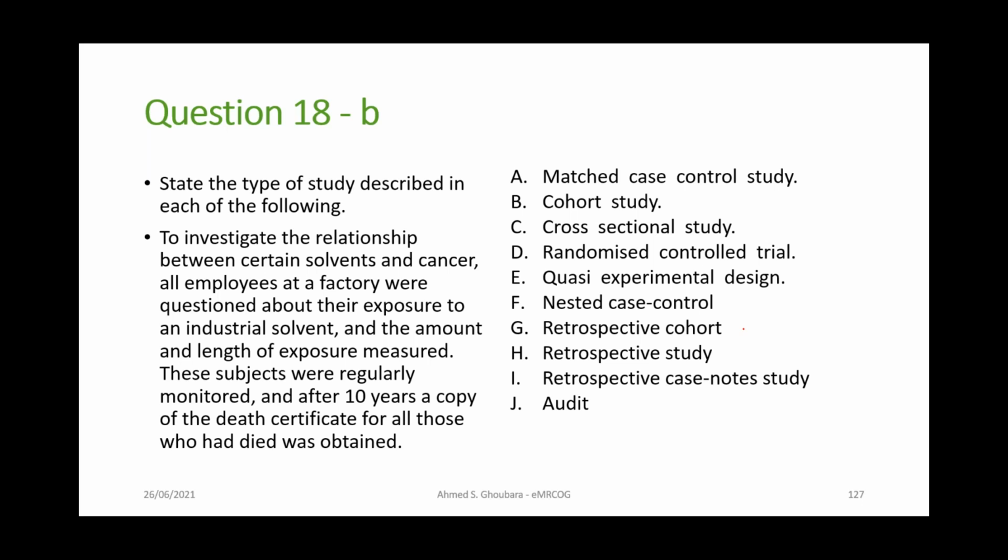You follow up those people over a period of 10 years, and at the end, exposure, disease, or death. Cohort study. Good. Perfect. You are perfect today. You survived me, and this is a miracle.